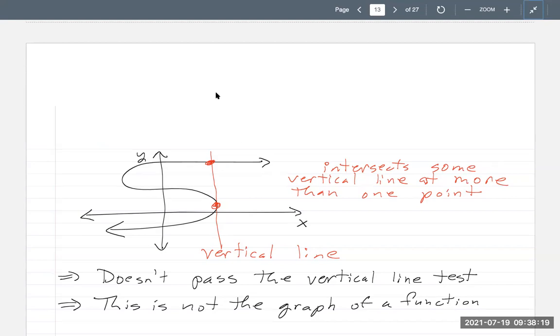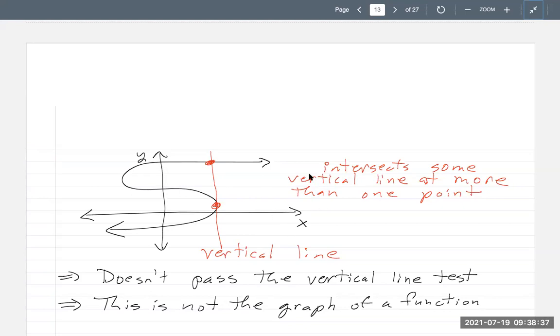Now, if I can find a vertical line that intersects this curve in more than one location, say this curve here intersects in 2 places, say this line here intersects the curve in 3 places.